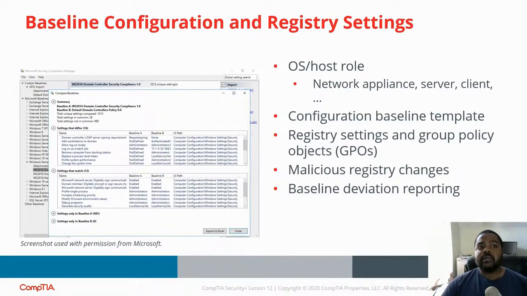Now, to go into different types of software and different configuration factors that we want to include in that hardening process, is having a baseline of configurations, and also when it comes to the registry too. We can use software that keeps a baseline of applications on our network.